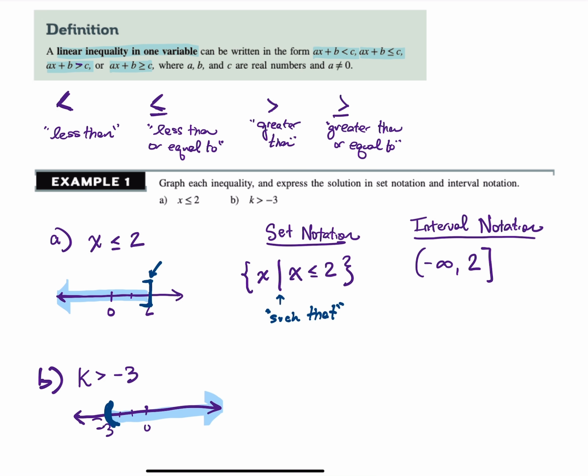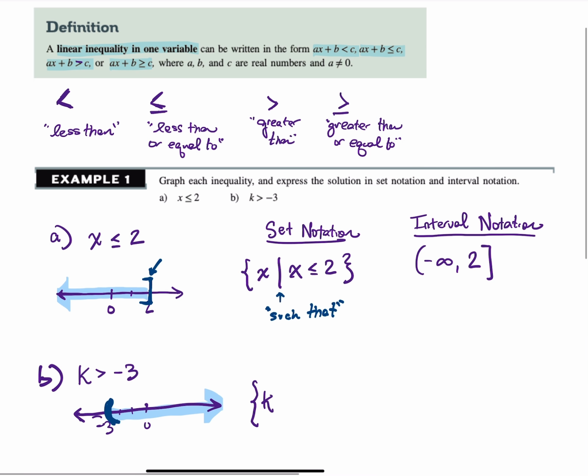So in set notation, it'll look similar. We're saying all values, this time it's k, such that k is greater than negative 3. You can just repeat the statement that they give us.